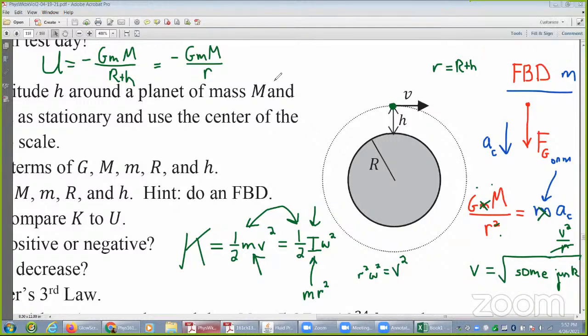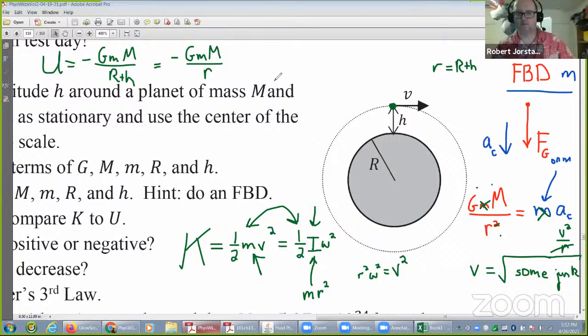Potential. Okay. And do you know the value of the kinetic energy? Can you see what it would be? Let me give you a hint. Rather than solving for V, which is the square root of some junk, let's do this another way.